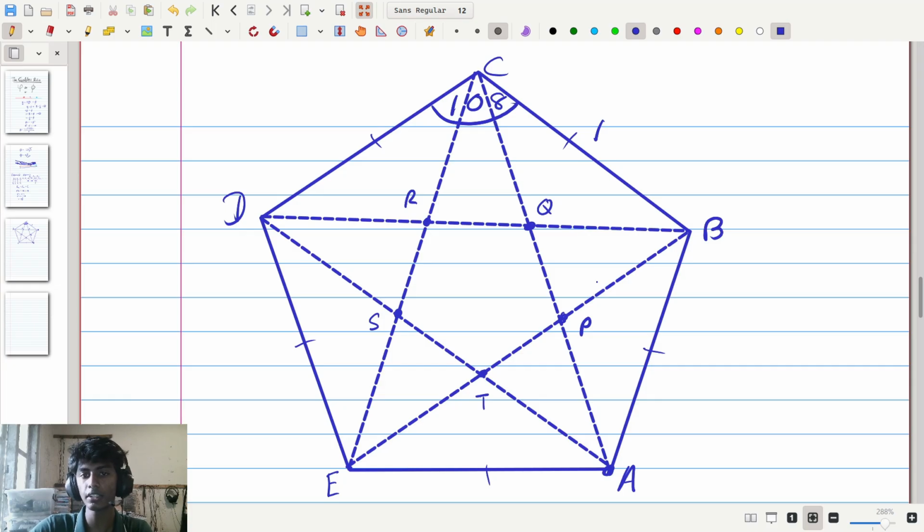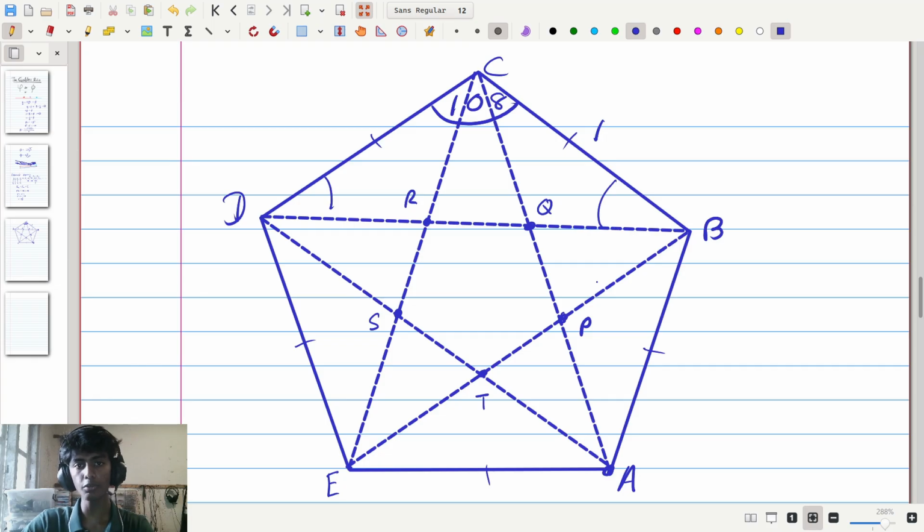Next, let's start considering some other angles within this thing here. So here, considering the triangle BCD, we have an isosceles triangle since this leg and this length are both equal in length. One of the angles is 108 degrees, so therefore this angle and this angle have to be equal to each other, and the total sum of the three angles needs to be 180 degrees.